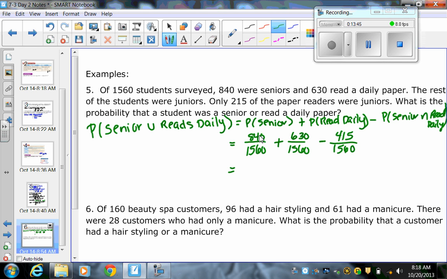So 840 plus 630 minus 415 gives you 1,055, which will reduce to 211 out of 312. As a decimal, that is 0.676, and as a percentage, that is 67.6%.